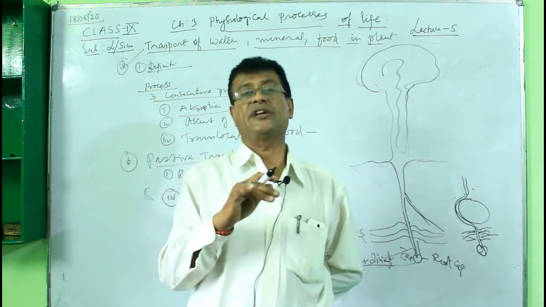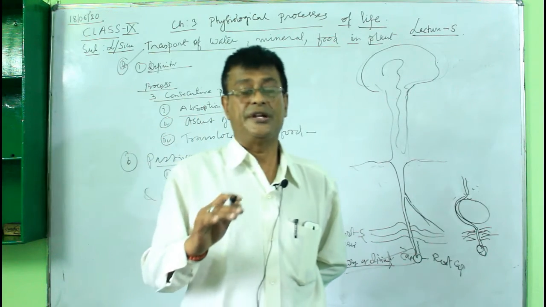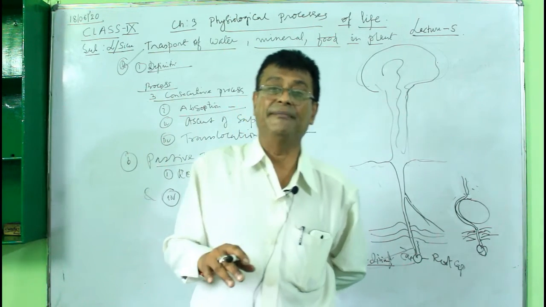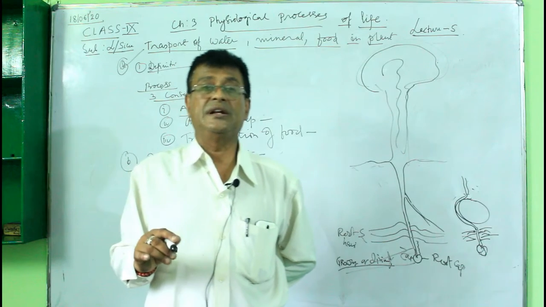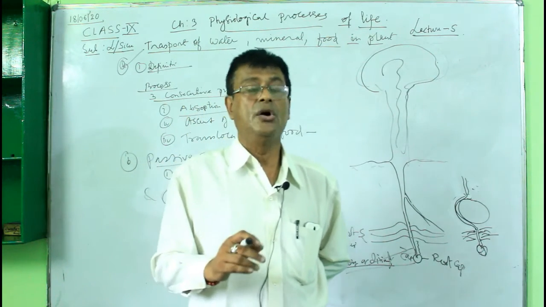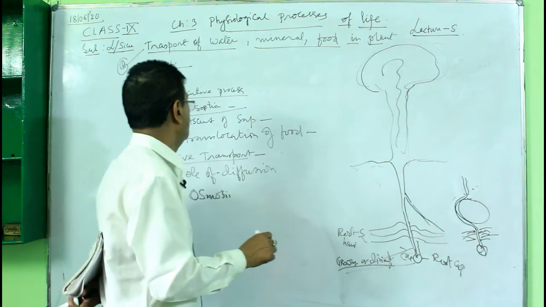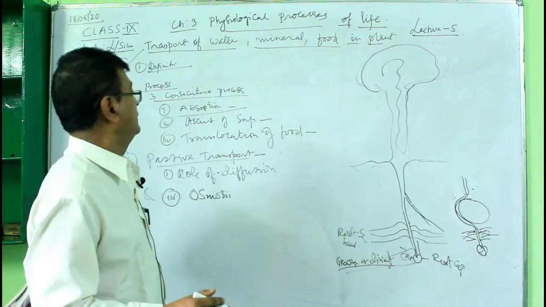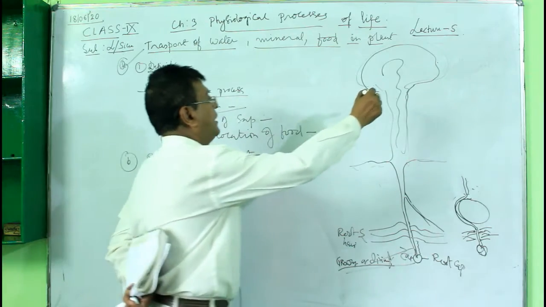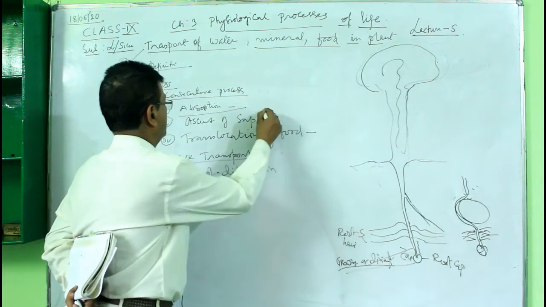In the isotonic case, the concentration of the liquid remains the same outside and inside, so there is no movement. In the hypertonic case it is more inside and less outside, whereas in the hypotonic case it is more outside and less inside. So this is how they do it, and they send the materials to the leaves, and so the absorption is done.